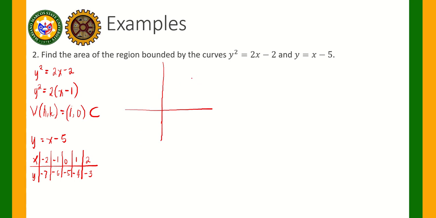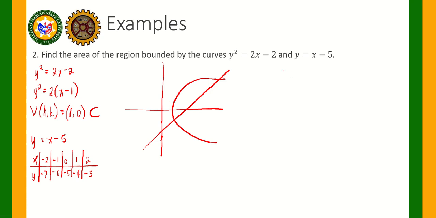Okay, so yung x natin is nasa 1, for example, ganyan. And ang ating parabola is ito. Or our second curve is linear. So ganito siya. Okay? So this is the two curves.